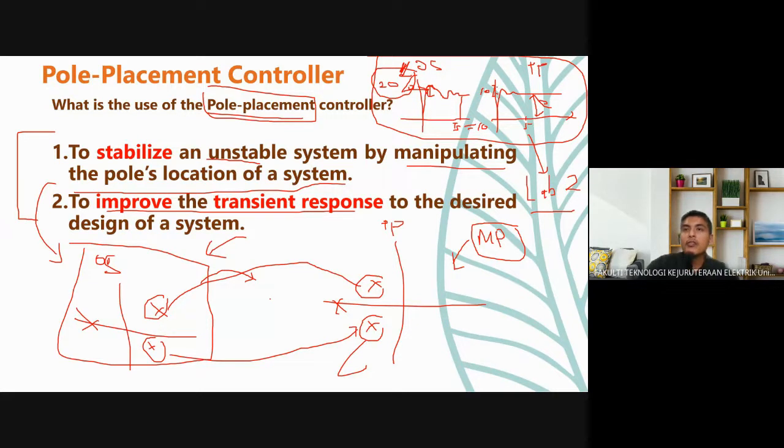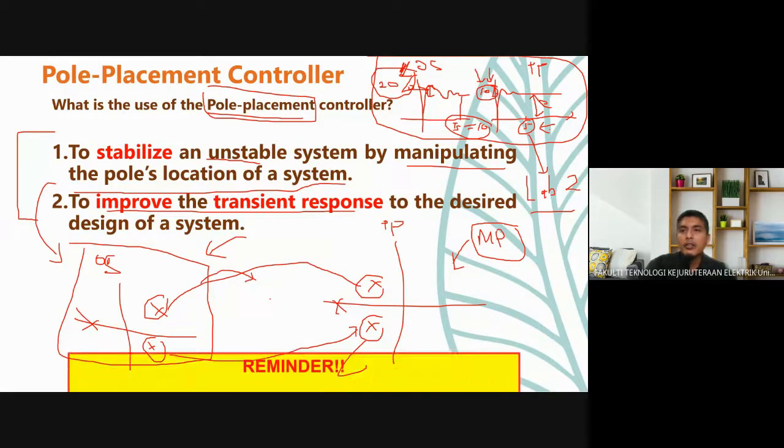However, you want this system to become 10% overshoot. This is the meaning of desired: what you want. And then you want the settling time to go from 10 seconds to 5 seconds. So this is your desired design.